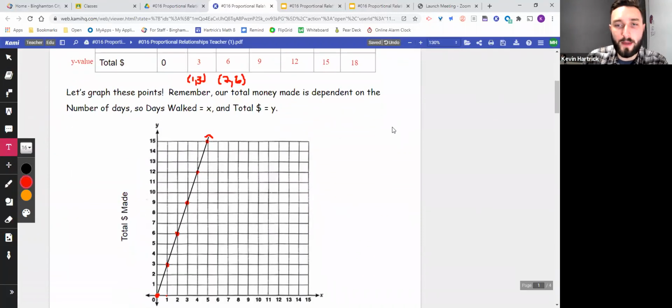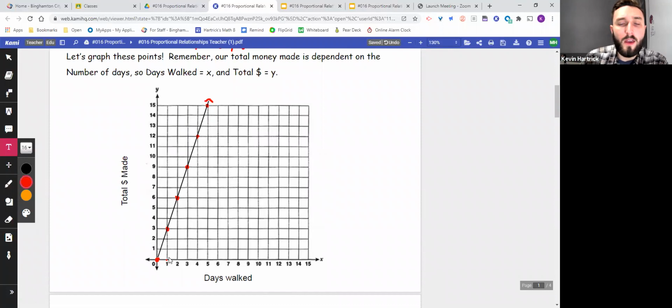Okay, let's look at the graph and make sure that makes sense. Notice each time I go up an x value, I go up 3 on the y value. Why is that happening? It's happening because, again, this relationship is every time another day you walk your dog, you get another $3 added to your total, right?